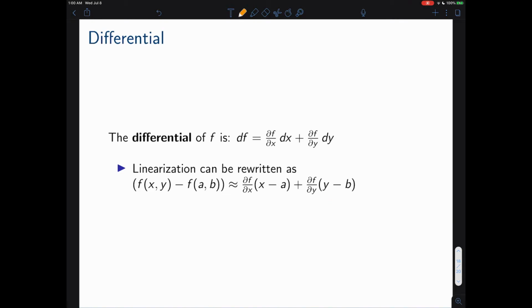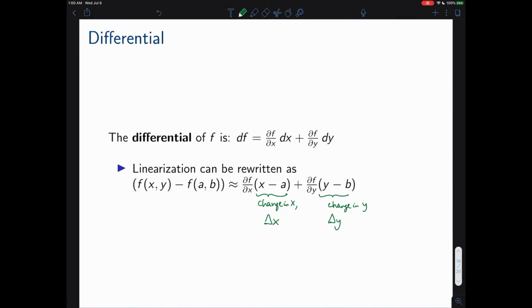Now, this x minus a is just the change in x. If you started at a and you ended at a different value, then this difference would be how much x changed. And a common name for that is delta x. Similarly, this y minus b is the amount of change in the y value if you started at b and ended at some other value y.